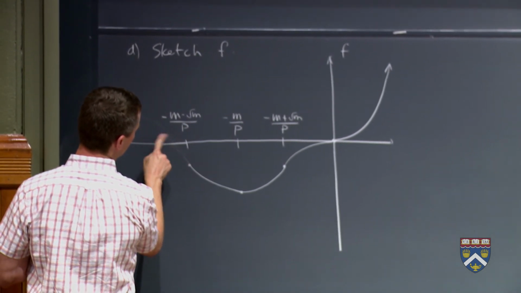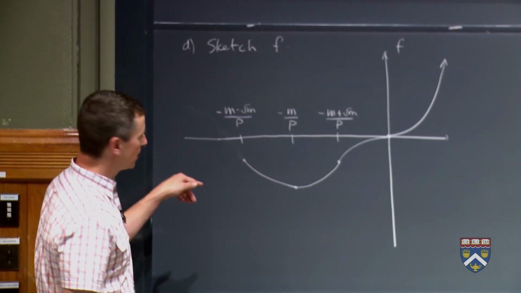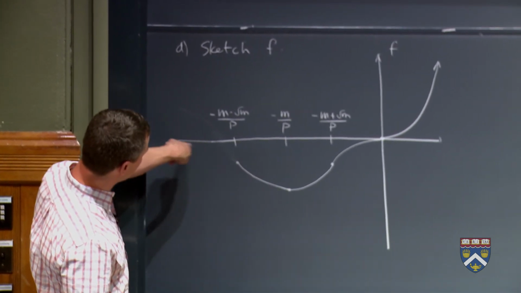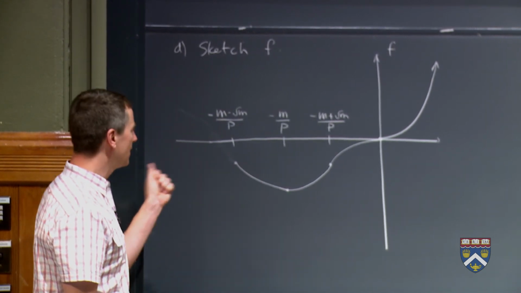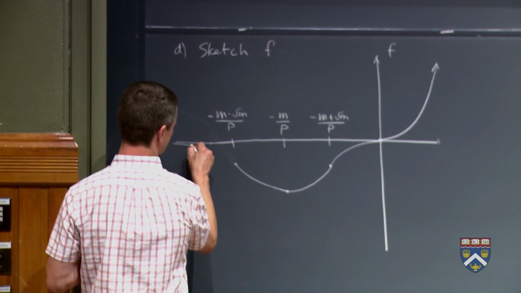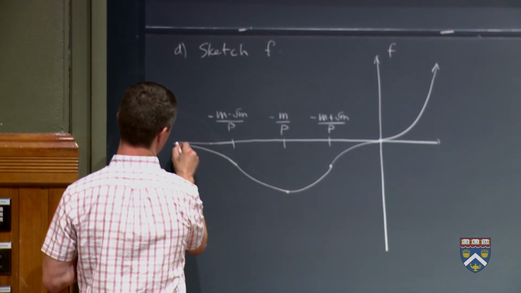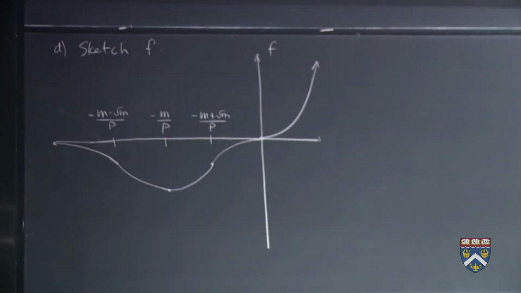So the only thing that can be happening over here is a horizontal asymptote, because I've got to go off to the left forever, and I've got to be going upward as I go to the left, but I can't cross the x-axis. So we're going to get some horizontal asymptote. Now I've drawn it as if the horizontal asymptote is at y equals 0.